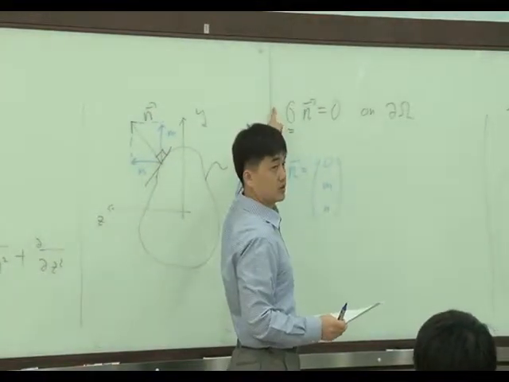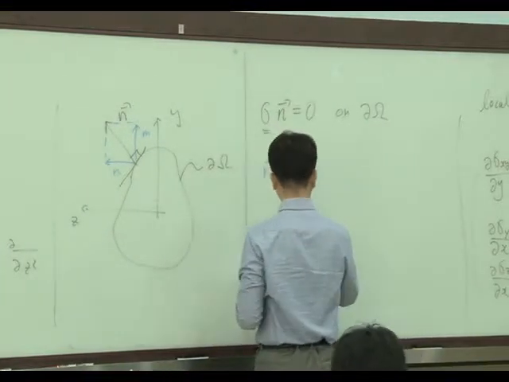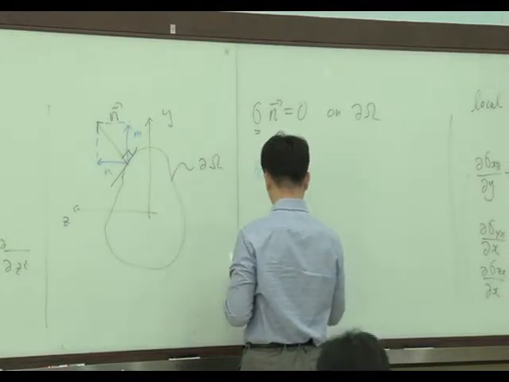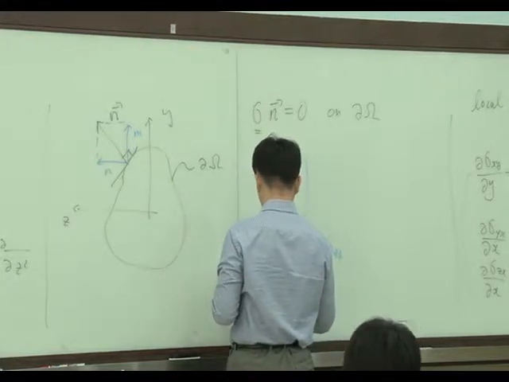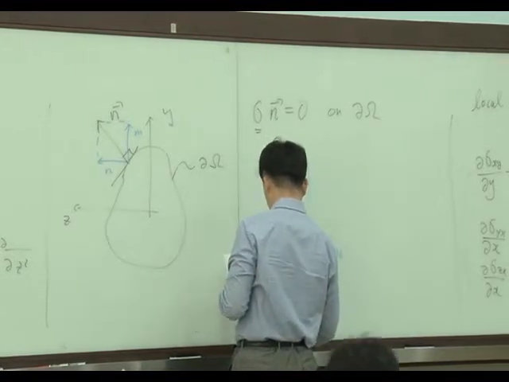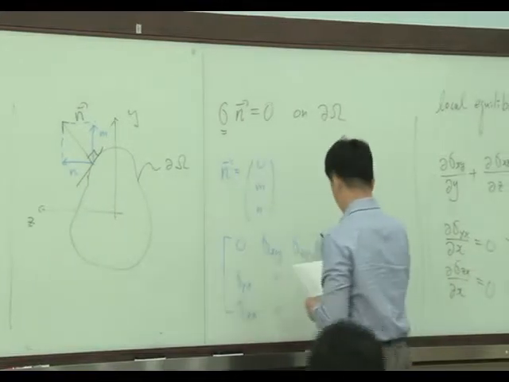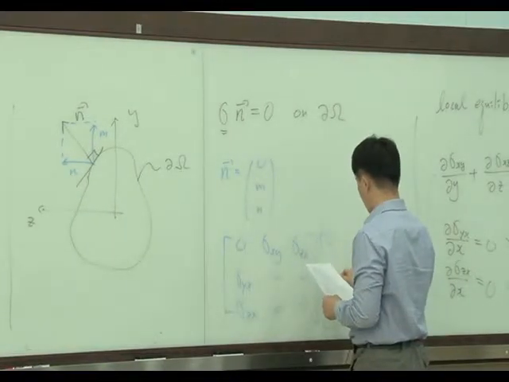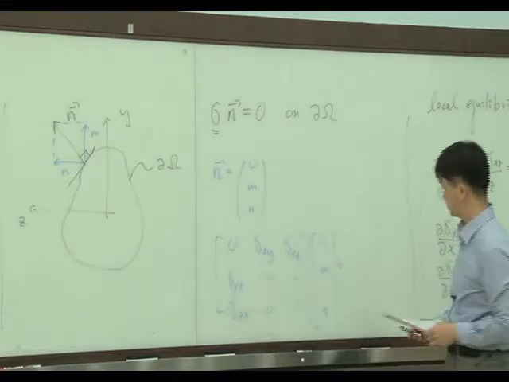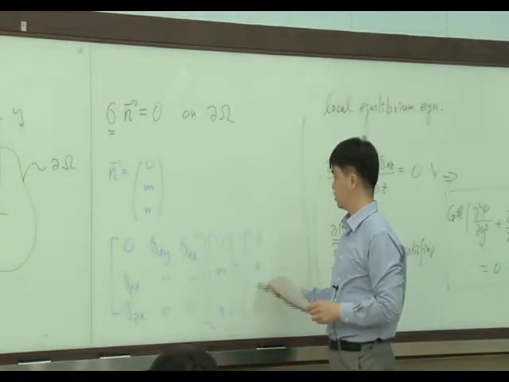And let's consider this equation. We have only stress components xy and xz, yx, and zx, and others are 0. And let's put in 0, m, n. It becomes 0, 0, 0, right?